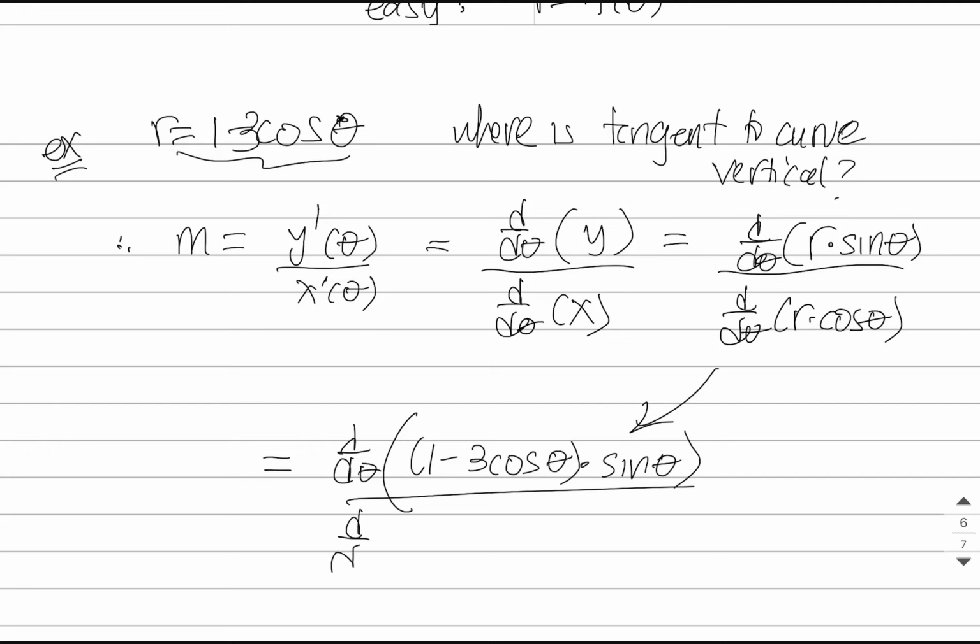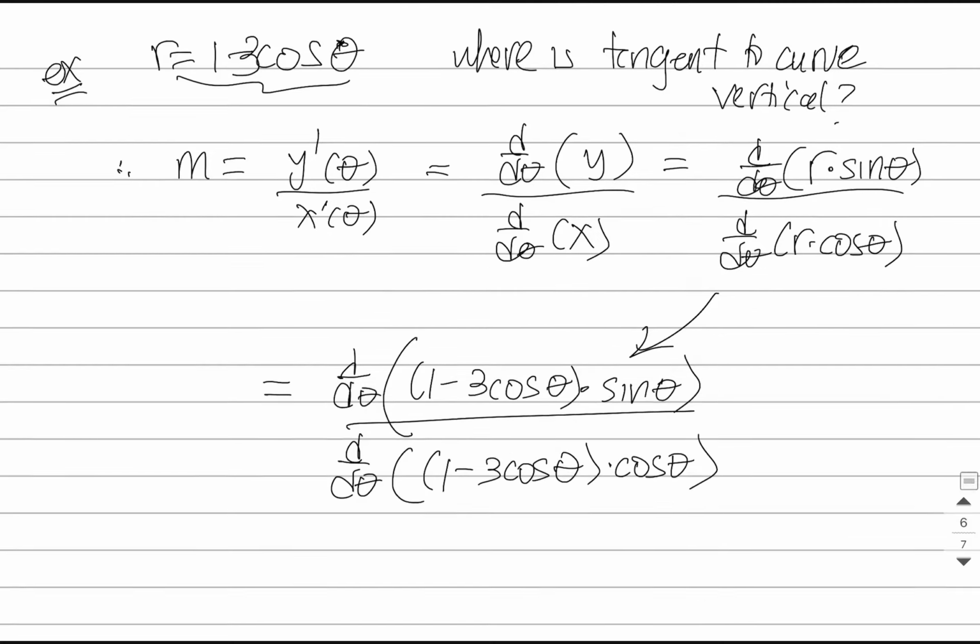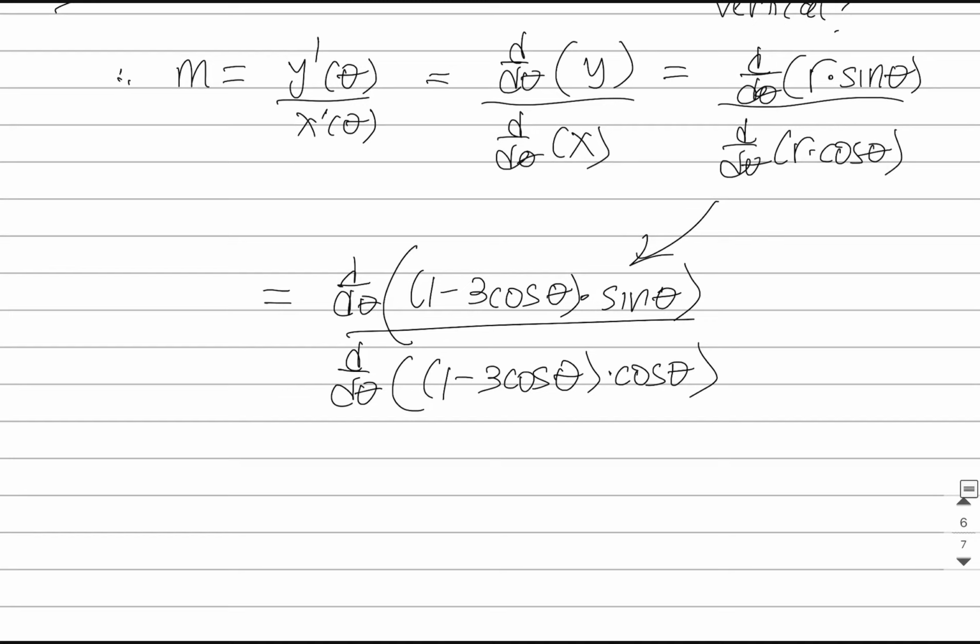And downstairs, r isn't just a plain old r. It's a function. It's the function we have been given. And so this just ends up becoming a giant chain rule problem. And that's not a big deal at all. We can deal with that. So however you'd like to attack it is not a concern.